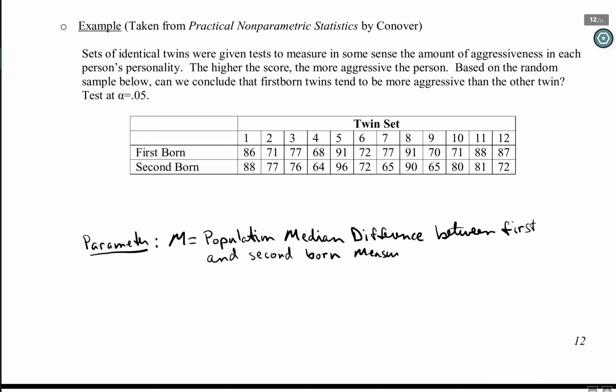Okay, so I'm taking firstborn minus the secondborn, and so this is an effort to see, do firstborn twins tend to be more aggressive than the secondborn twin?